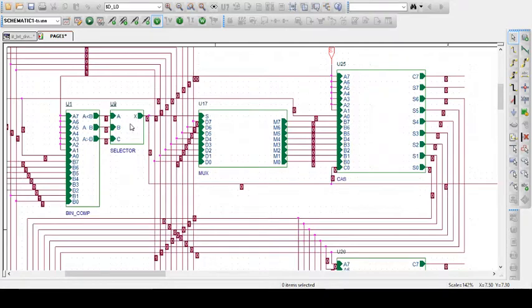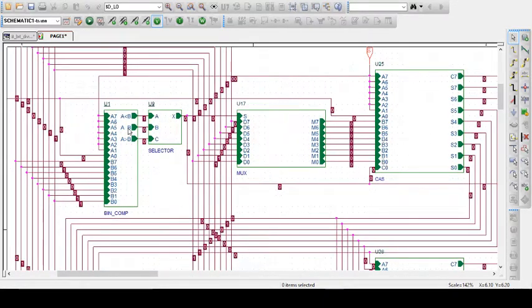Because the way the selector is set up, the A equals to and A is greater than B terms are both NORed, and the output of that is NANDed with the A is less than B term.